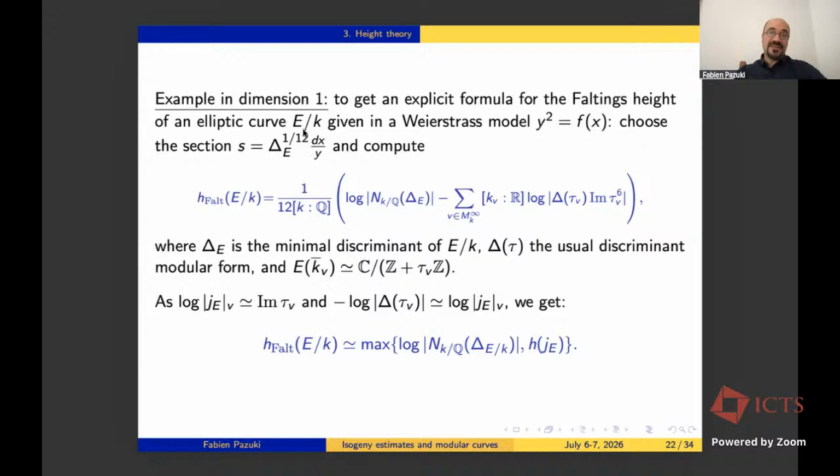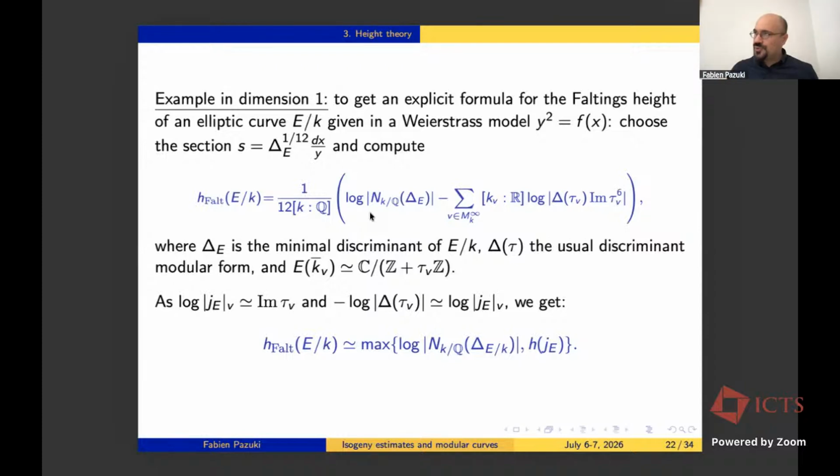So you see, this is extra. You're not forced to put this Delta in the game, but if you put it, suddenly the section is invariant by isomorphism. So the formula most likely will be cleaner in the end. Anyway, so now we compute. The finite part is not too hard to compute. You get some log of the norm of the discriminant.